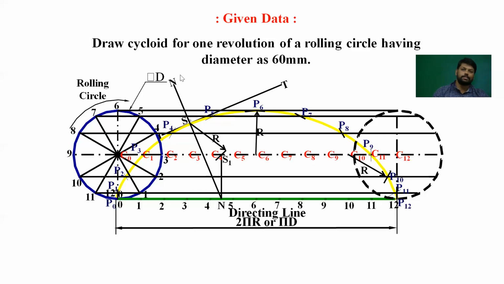So like this, you can construct the cycloid for one revolution, or 1.5 revolutions, or 2 revolutions, or whatever the specific length of the straight line is, because in certain cases they will tell you, for example, the diameter of the circle is 60 mm, and to draw the cycloid only up to 100 mm length of the straight line, because pi times 60, 3.14 into 60, means almost 189 mm length of the straight line you will get here, but only 100 mm means only part of the cycloid you will get. So up to that point only you need to draw the cycloid. It depends upon the problem statement.